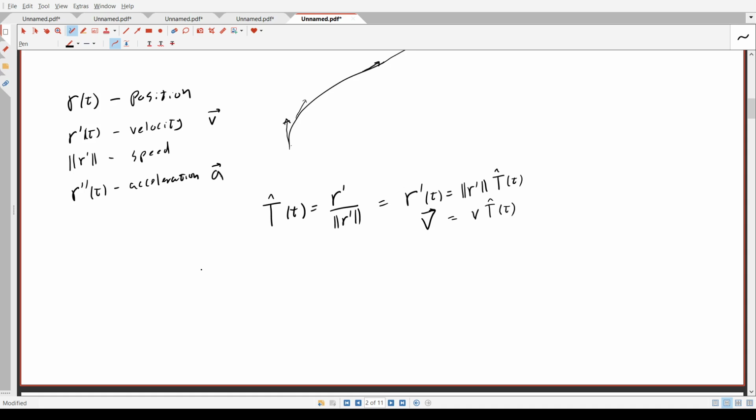So I have r double prime is equal to, so this is going to be the derivative of the speed times the unit tangent vector plus the speed times the derivative of the unit tangent vector.